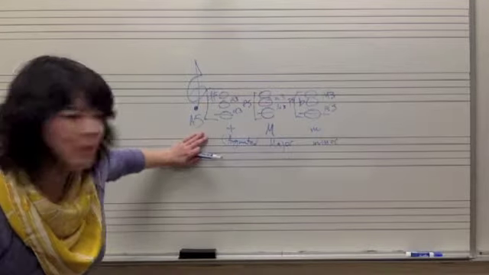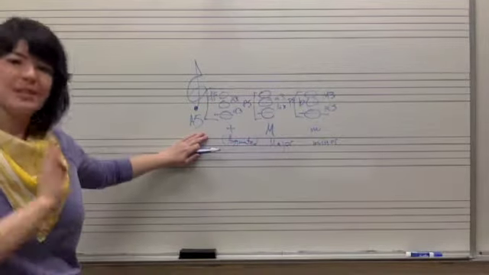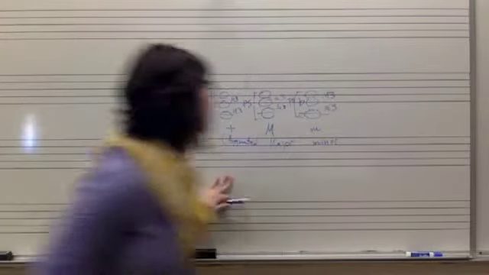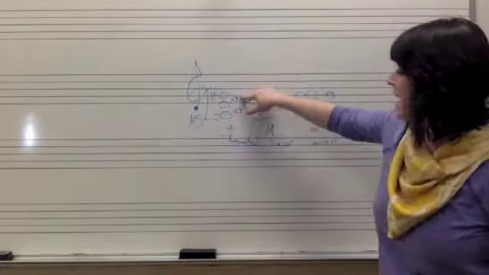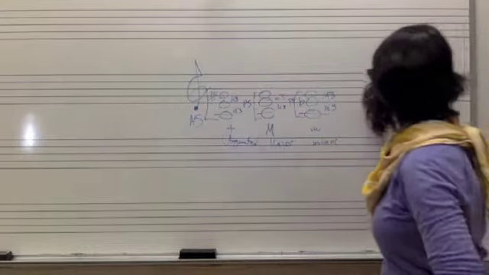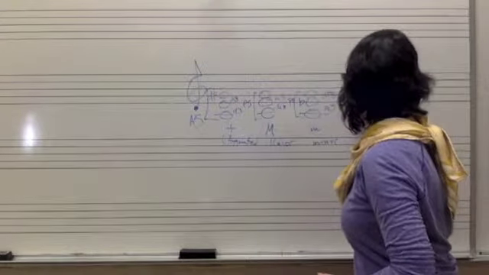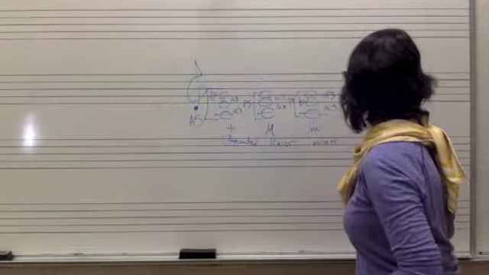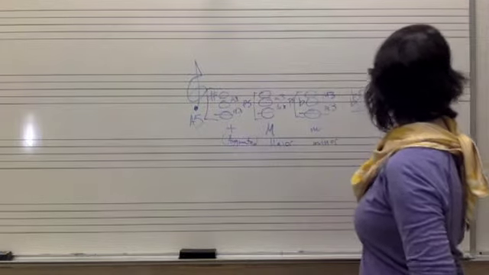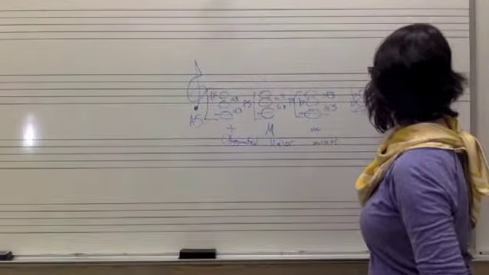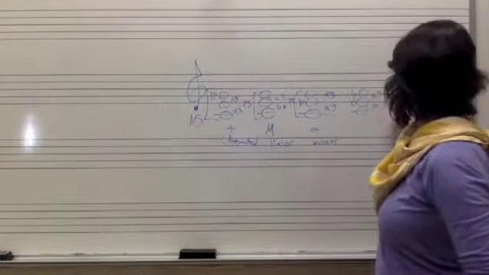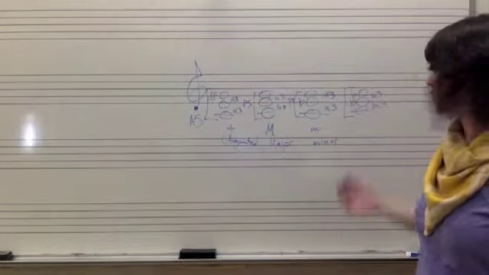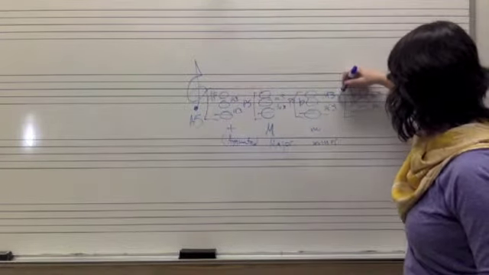Now, if we want to find a diminished chord, we do the exact opposite of the augmented. So instead of having a major third stacked on top of a major third, we do a minor third stacked on top of a minor third. So minor 3 plus minor 3, just like that. And then this outside is not a perfect fifth either, right? It's less than a perfect fifth. It's a diminished fifth.